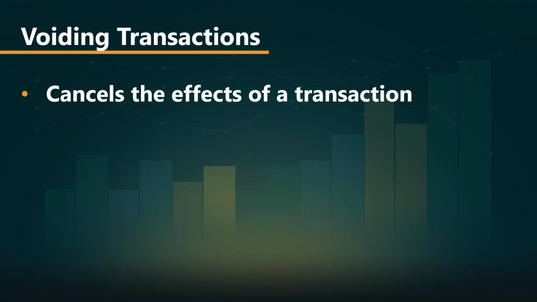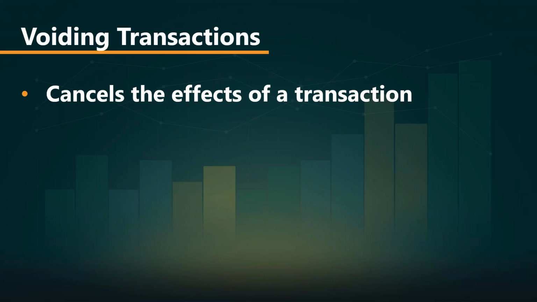So it actually puts a reversal in the system. This doesn't eradicate the transaction. Everything in Church360 Ledger is a running balance. So when you enter in a transaction and save it, that transaction's in there. If you adjust it, it creates an adjusting transaction in the background.